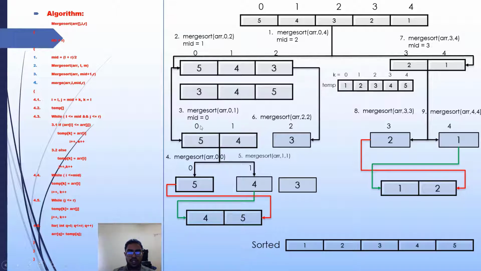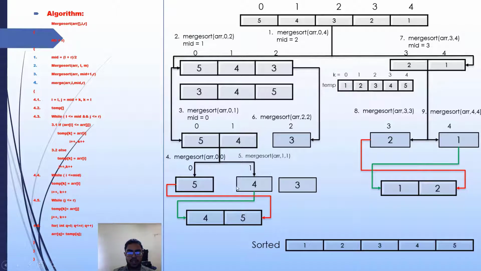So this function will again call the merge sort, and the left index is 0 and the right index is 1, and the if statement is true. So the midpoint will be 0 because 0 plus 1 is 1 divided by 2 is 0.5, so it will not take the fraction, it will be 0.